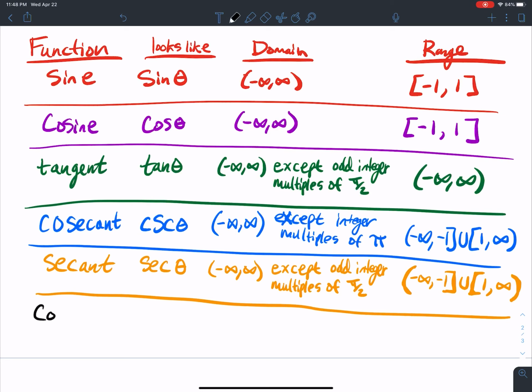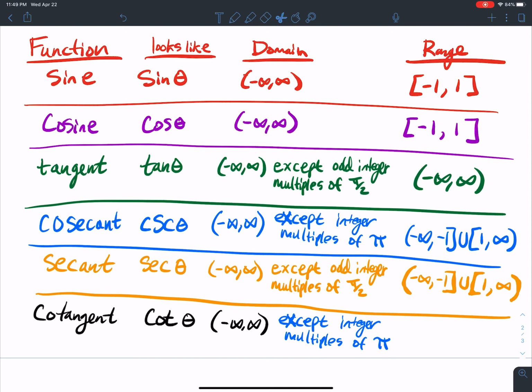This is the cotangent. The cotangent is written COT theta. Okay, so I can plug in all real numbers from my domain, but I need to exclude integer multiples.